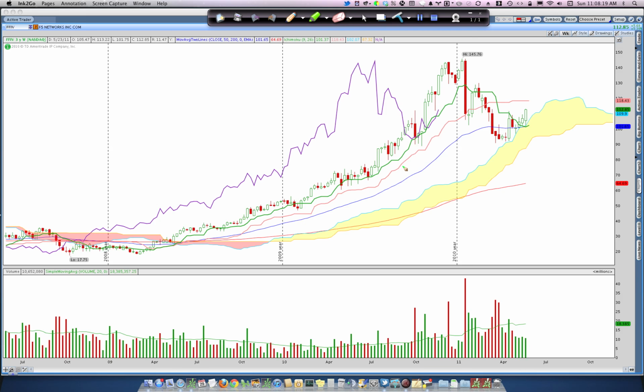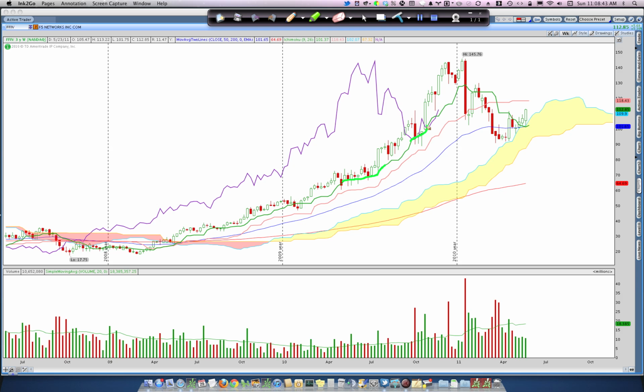Now let's talk about areas of support and resistance. Much like an 8-period moving average is used by many people, or a 20-period or a 10-period moving average, where candles get support, in the Ichimoku system, it's the 9 that is our primary support.